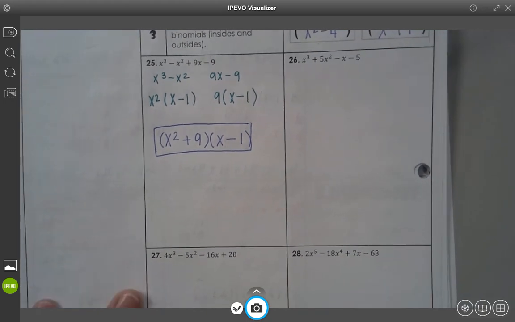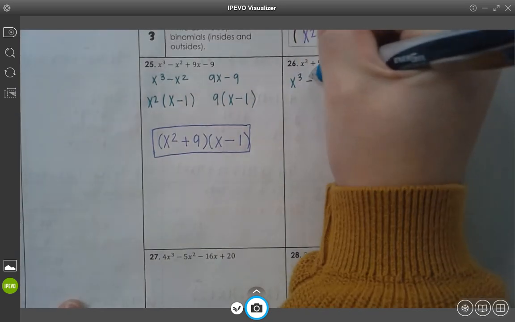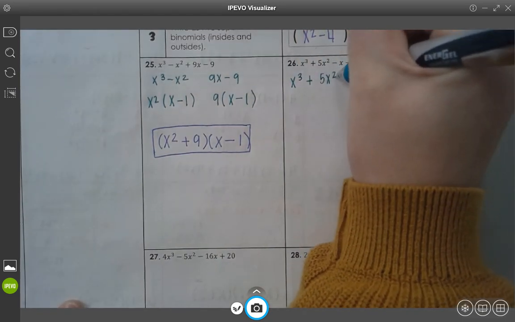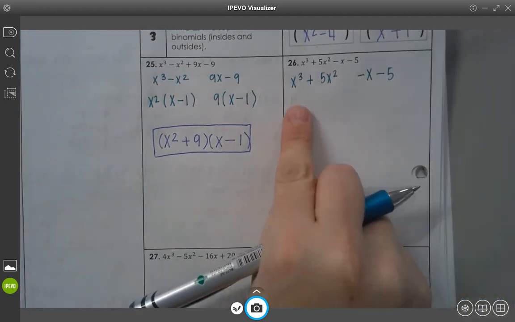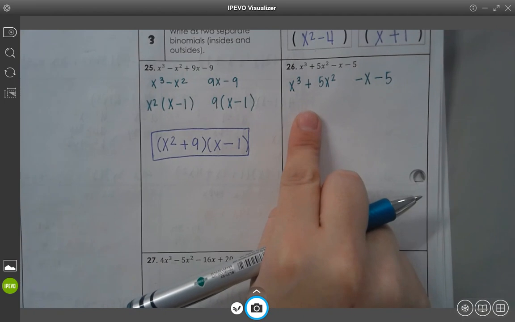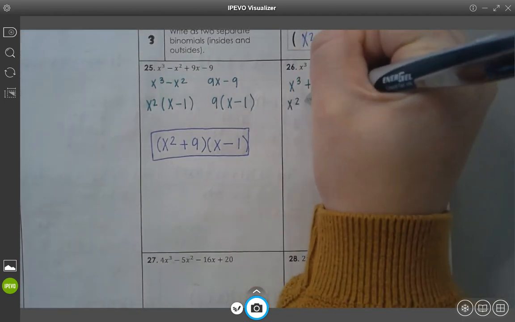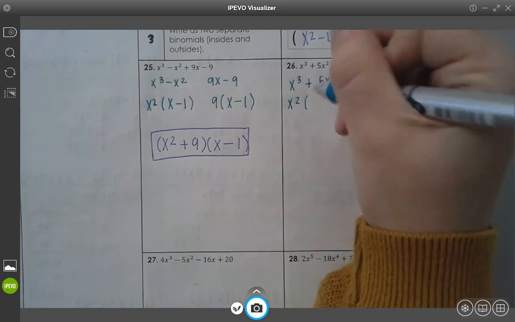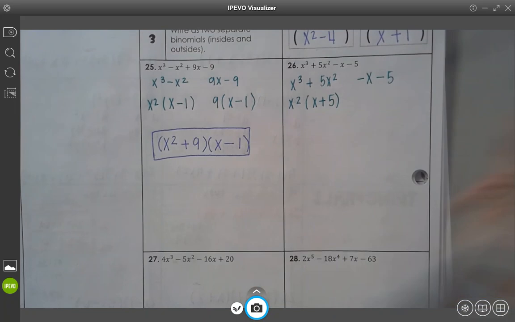Okay. Number 26. We have x cubed plus 5x squared and negative x minus 5. What's the GCF of the first one? X squared. Leaving you with what? X plus 5.